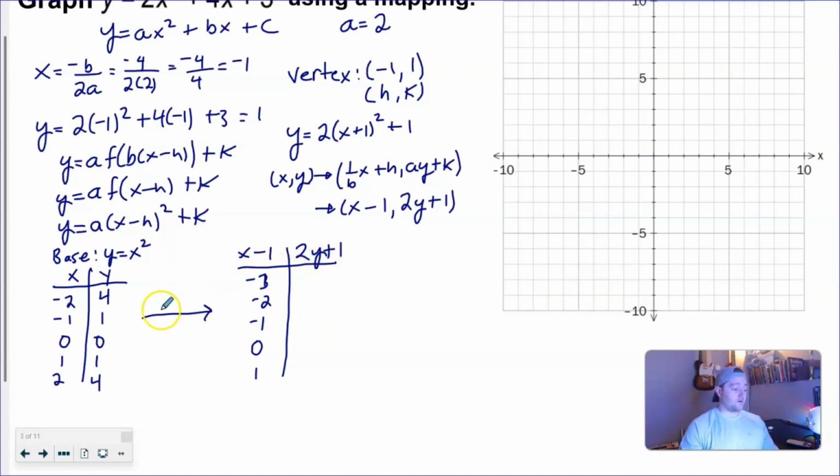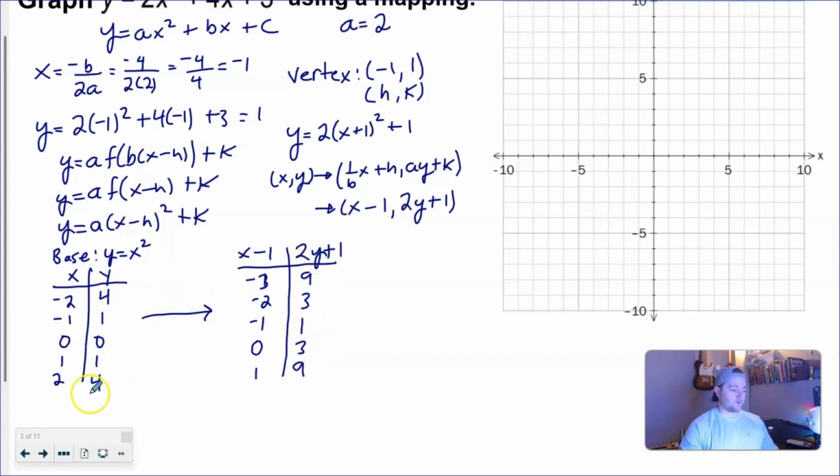And for the y values, I just put them all in. So 2 times 4 is 8, plus 1 is 9. 1 times 2 is 2, plus 1 is 3. 0 times 2 is 0, and then plus 1 is 1. And we repeat. So 1 times 2, that becomes 3. And then 4 times 2 is 8, plus 1 is 9.